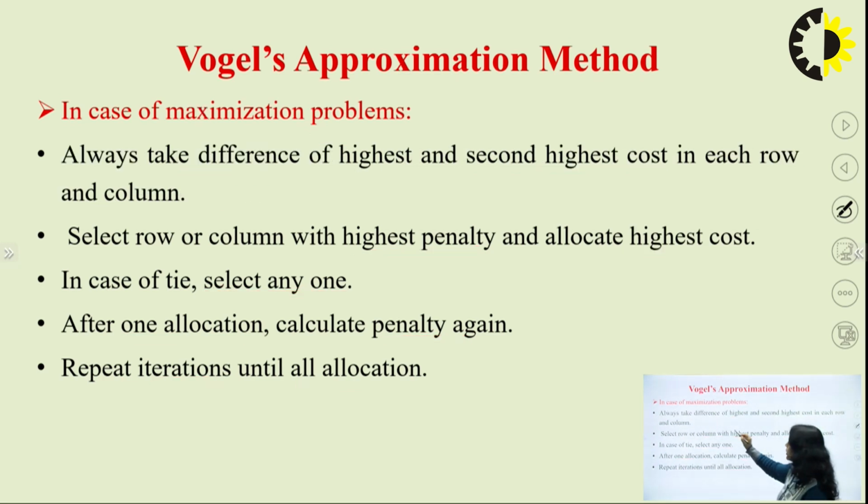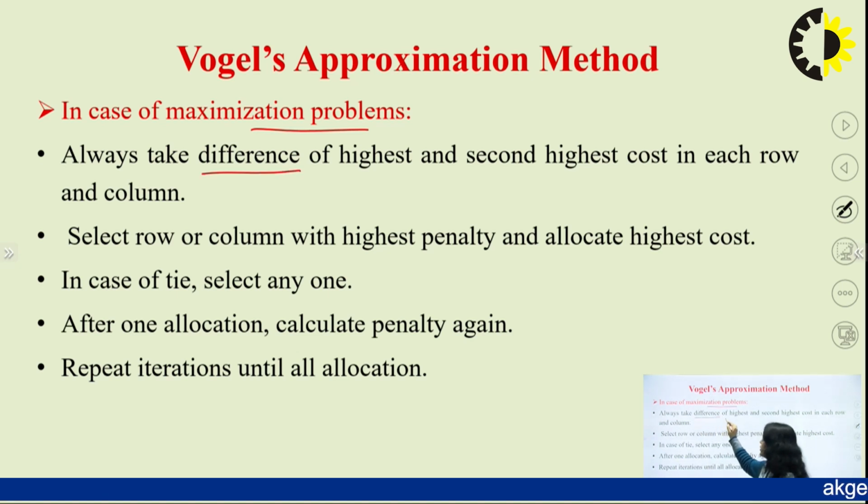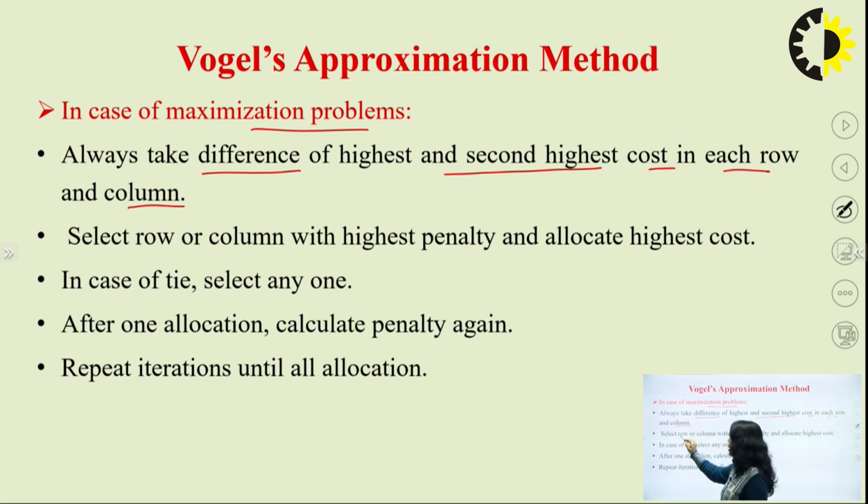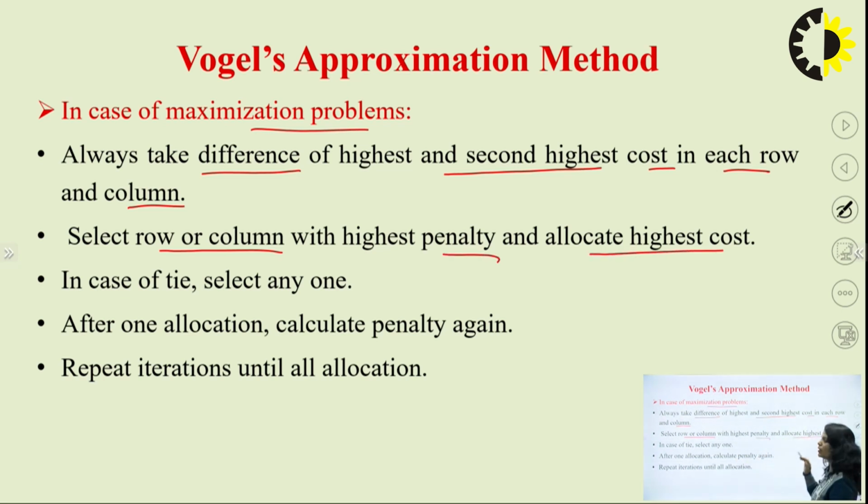In case of the maximization problem, what will we do? We will take the difference of the highest and second highest. In the minimization problem, we were taking the difference of the two minimum costs. But here we will take the difference of the two highest costs in each row and column. After that, we will select the row or column which has the highest penalty and we will allocate the highest cost.